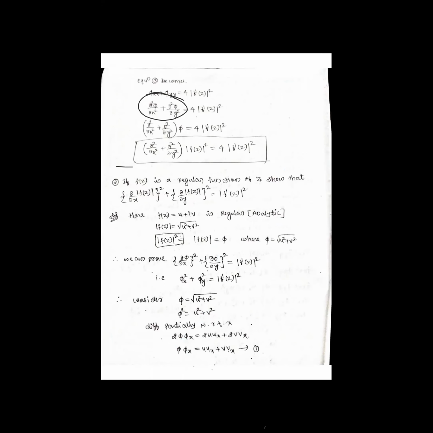Dou square by dou x square plus dou square by dou y square into pi is equal to 4 mod of f dash of z square. And everyone knows that dou square by dou x square plus dou square by dou y square of pi, that is mod of f of z square, is equal to 4 mod f dash of z square. So this is what we want.